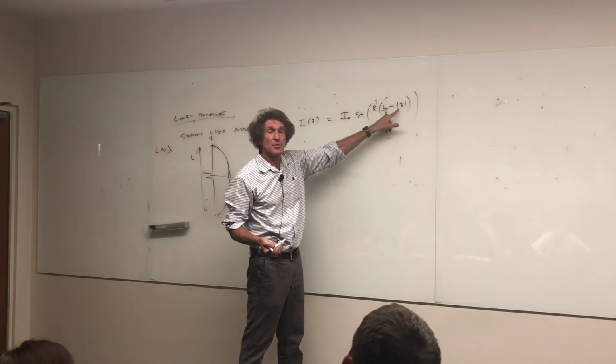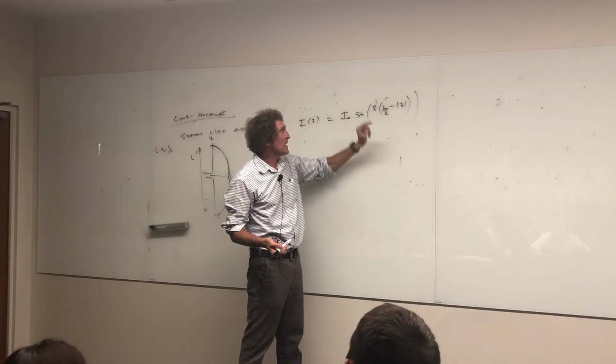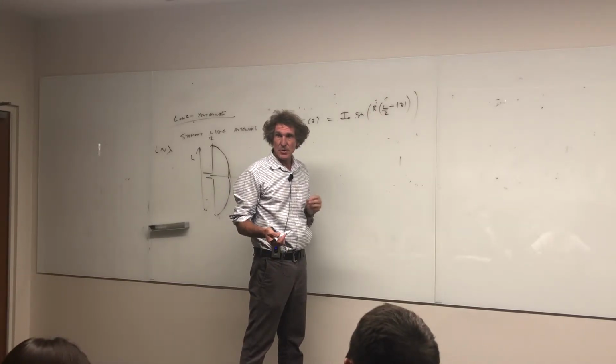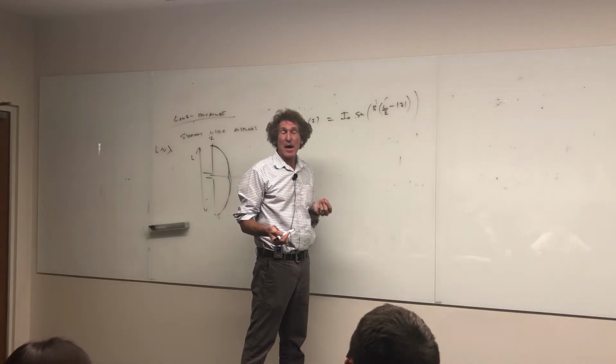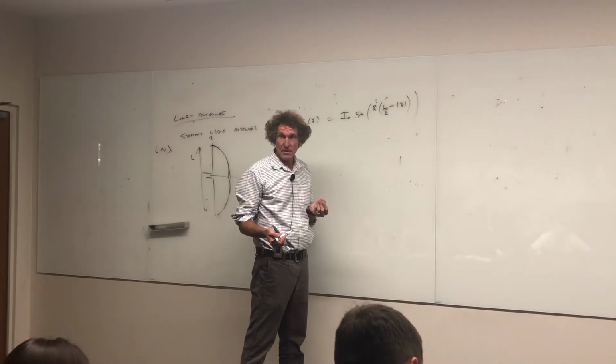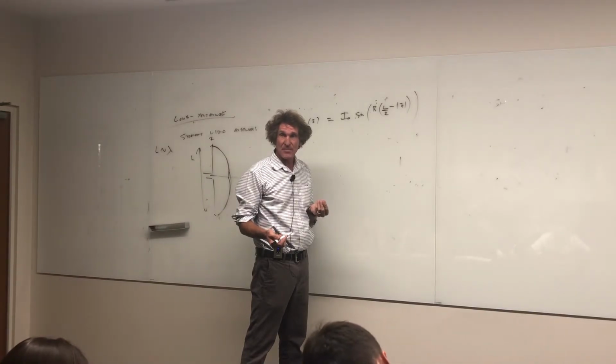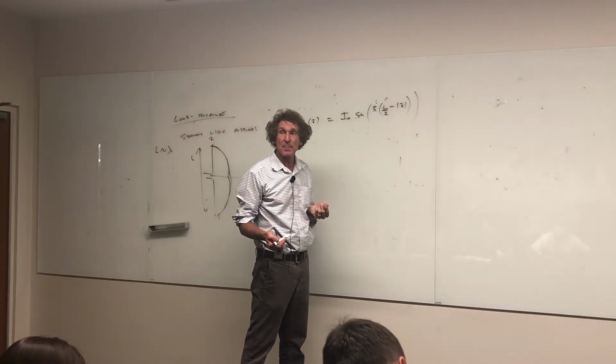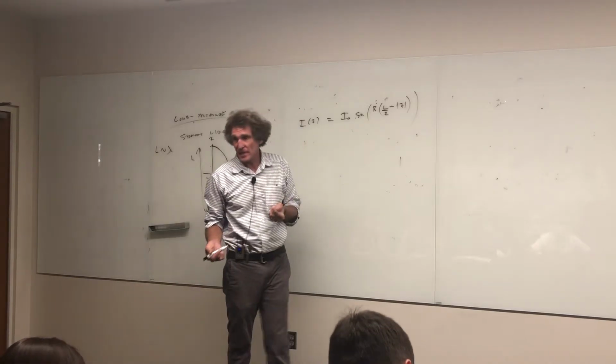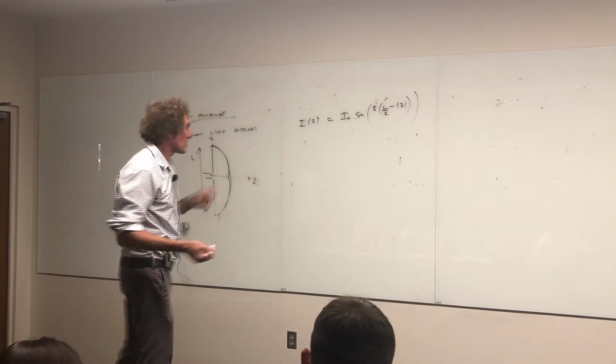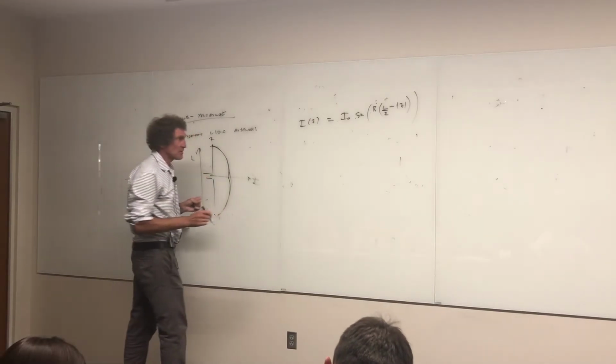Because when z is 0, you're at the middle of the antenna, and you get beta L over 2, right? So if that's pi over 2, it's 1, isn't it, class? The sine of that would be 1. But if it's pi, it's 0, isn't it? When you have a full wavelength antenna, you'll get a null. You'll get a 0 current right here at the feed point. Just keep that in mind.